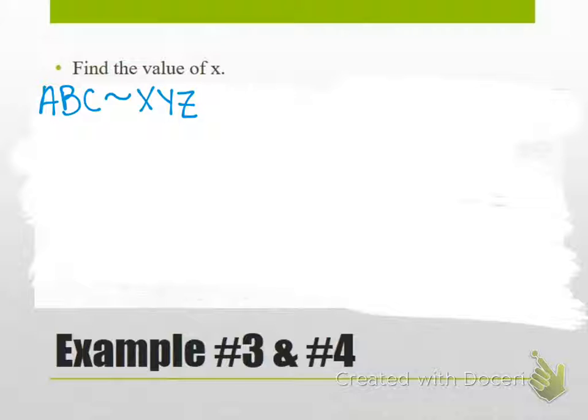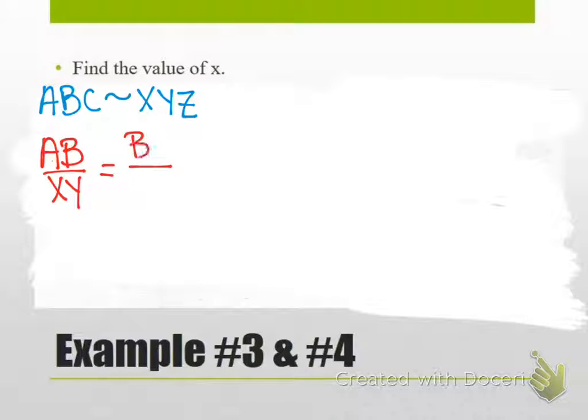So before we even start solving these or setting them up, I want to write a proportionality statement just based on the sides with their letters, not the numbers. So this will be similar to what we did when we talked about congruent triangles. For example, I'm going to compare AB to what side from our other triangle? XY.